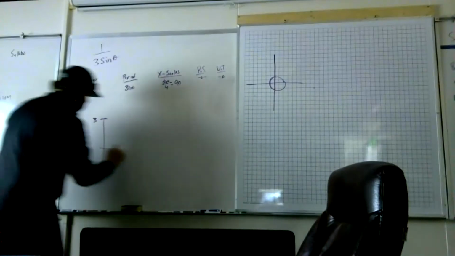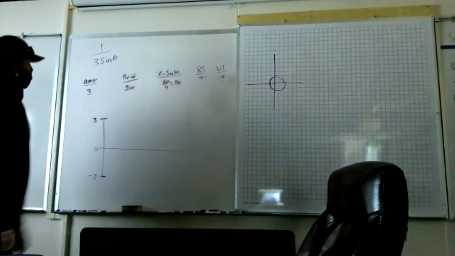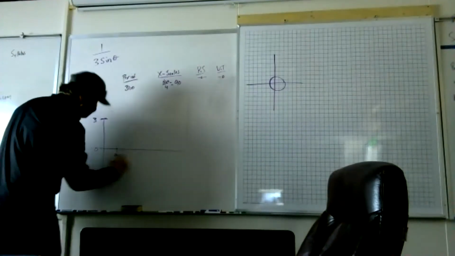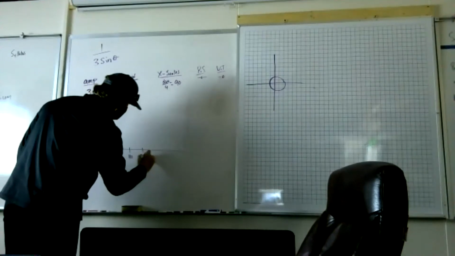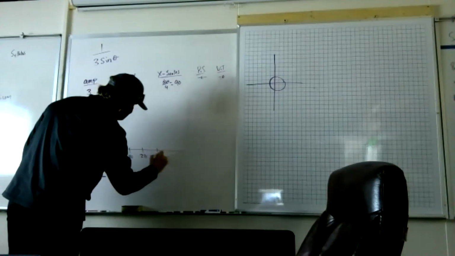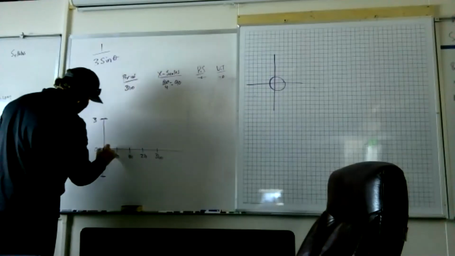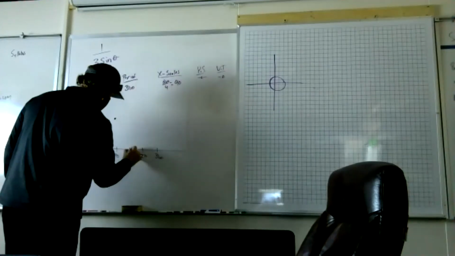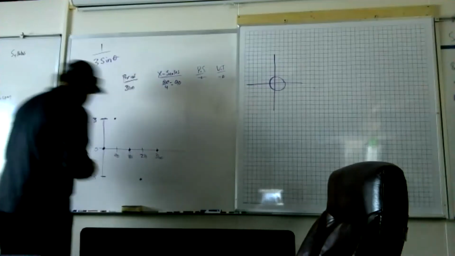Okay, no vertical transformation, so I know that I begin on the x-axis. Okay, so 90, 180, 270, 360 coming from my x scale. My sine function starts here, then it goes to its maximum, then it goes to midline, then it goes to its minimum, then it goes back to the midline.